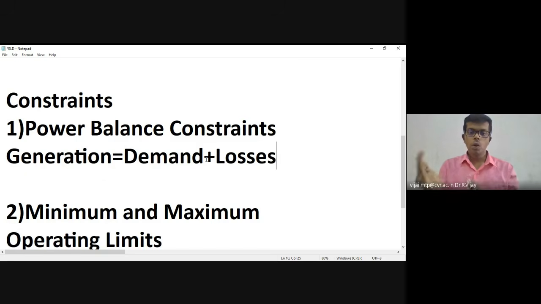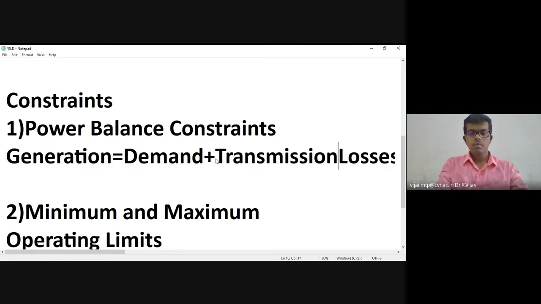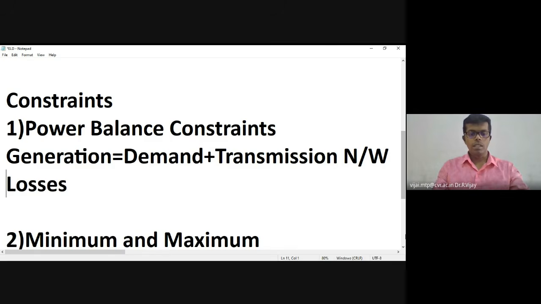If you consider the transmission network losses, you can write transmission network losses. So whatever the generation equals the demand plus the transmission network losses, that is called your power balance constraint.